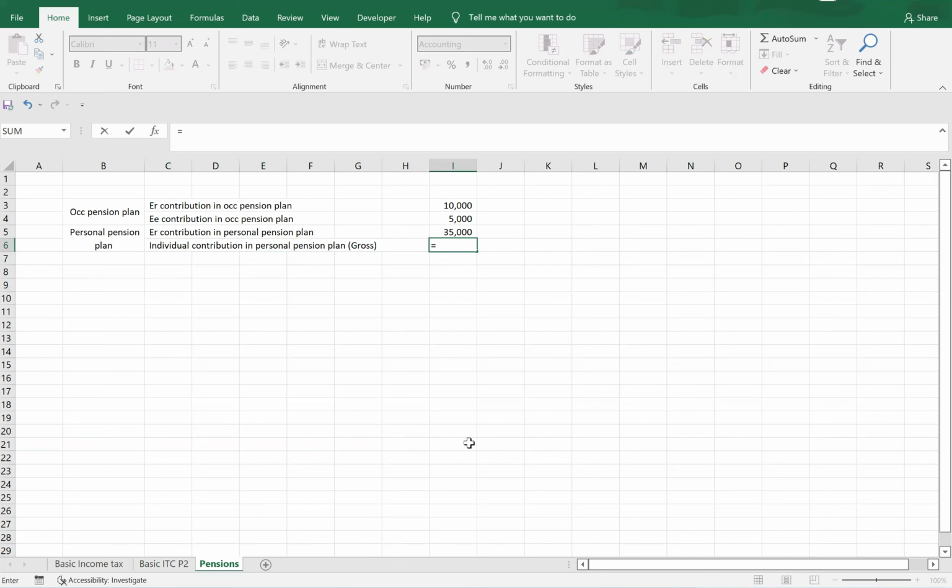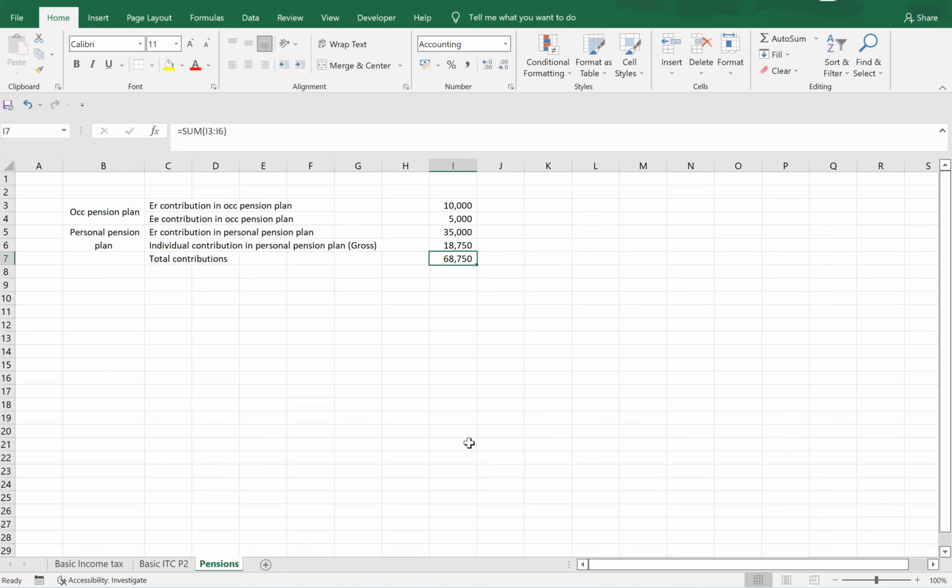So let's say the net amount is 15,000, multiplied by 100 divided by 80. So that means the total contributions that you've made in this year is 68,750. Done?